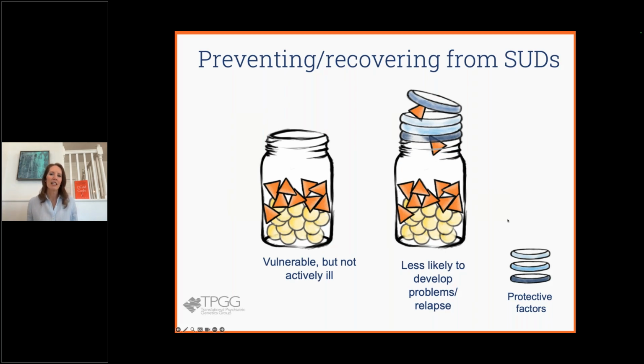Because the piece that I really want us all to remember is that some of our kids are more at risk than others, but none of them are destined to develop problems. And when we know what the risk factors are, what the marbles are, those genetic and environmental factors that are in our kids' jars.